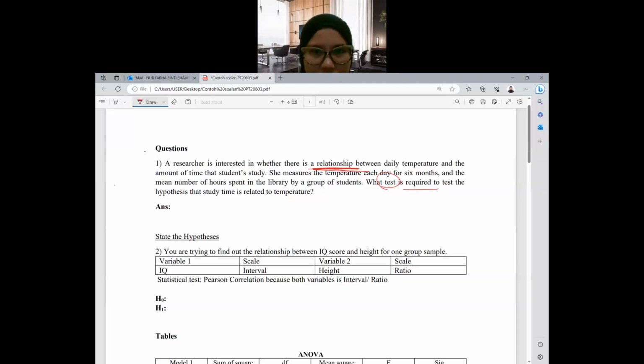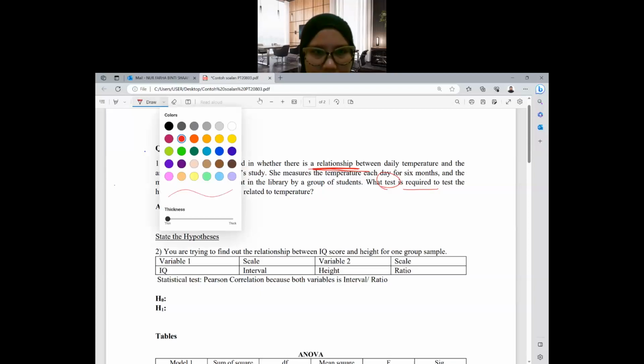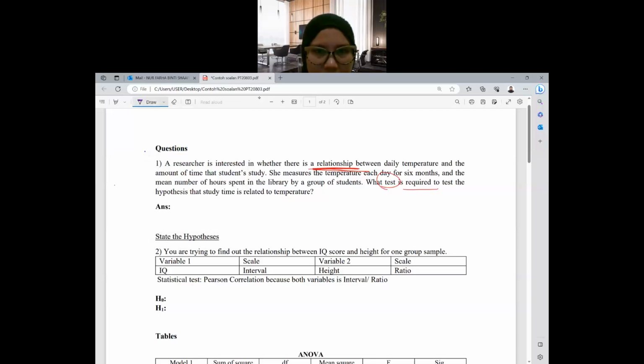So from here, there's no other requirement other than the relationship that would give us a clue about what kind of test, what kind of analysis we need to use for this kind of situation. If you can recall by yourself, for relationship, usually we use what test? Pearson correlation test. So you just write Pearson correlation.